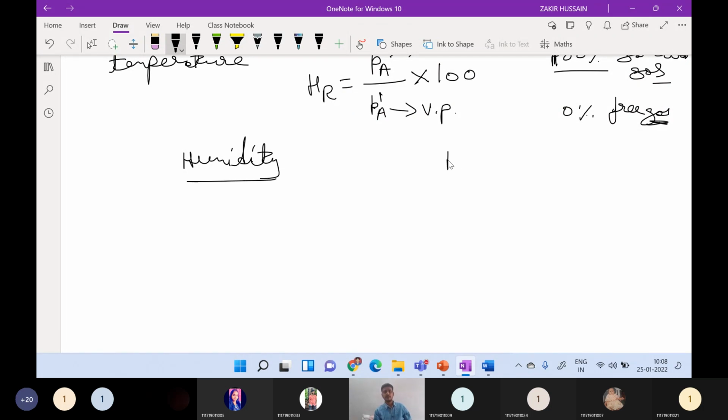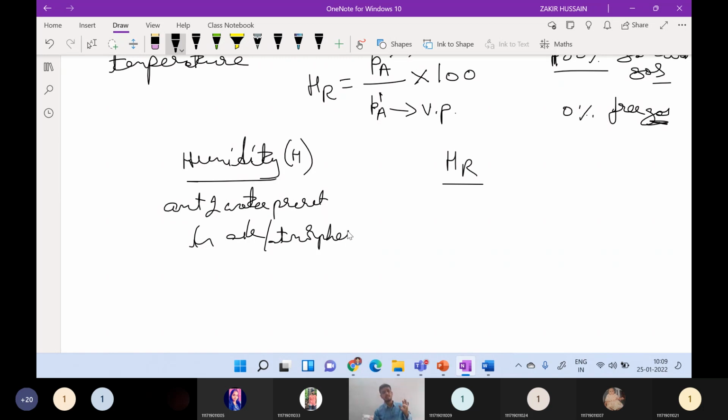Humidity, H, is nothing but the amount of water present in the air, the surrounding air or the atmosphere. Similarly, relative humidity is also one type of expression of humidity.